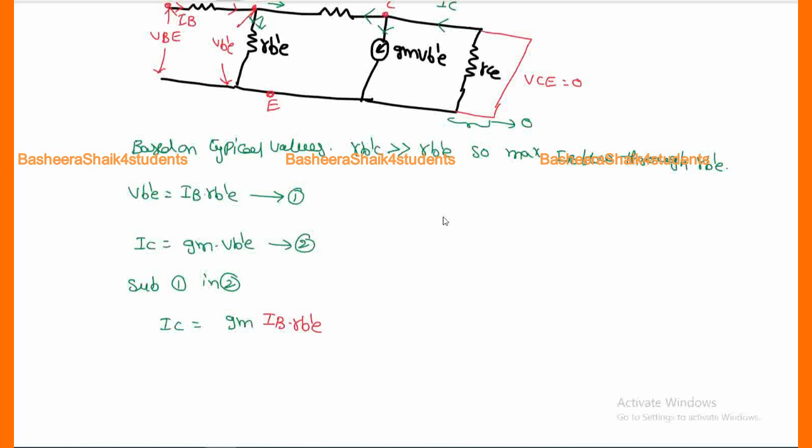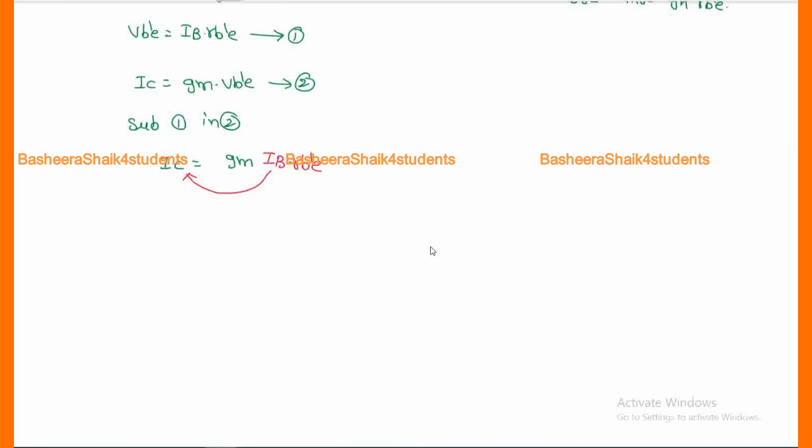So move IB to the left side, then we observe IC by IB equal to gm into rb'e. Let's call this equation 3.